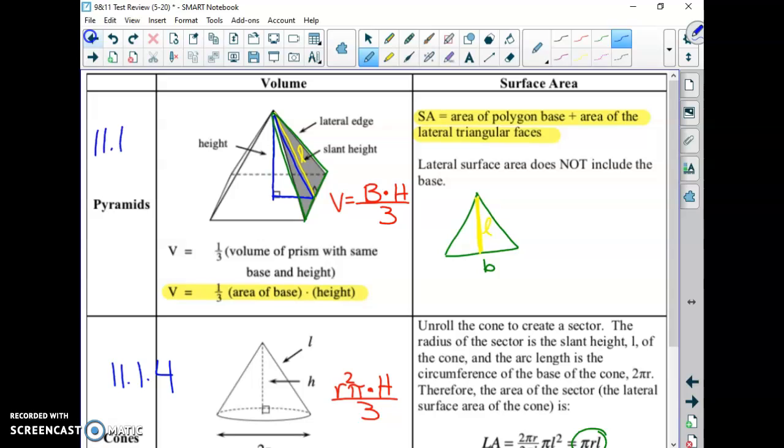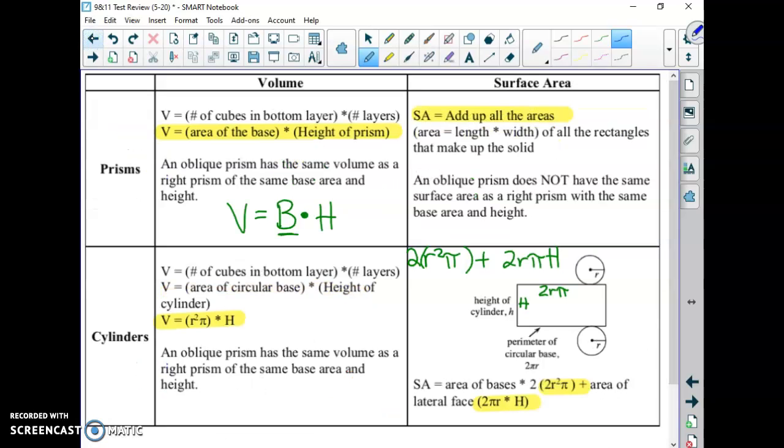Pyramids were 11.13A and B. If you need to go back and review cylinders, that was in 9.1.2/3. Prisms was 9.1.1/2. So the prisms and cylinders were anywhere between 9.1.1 and 9.1.3. You can even look at the supplement if you needed to. So that's where all of that is.